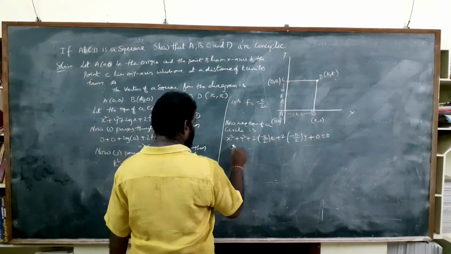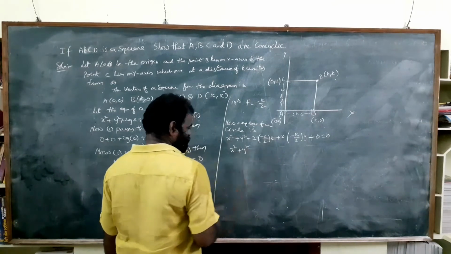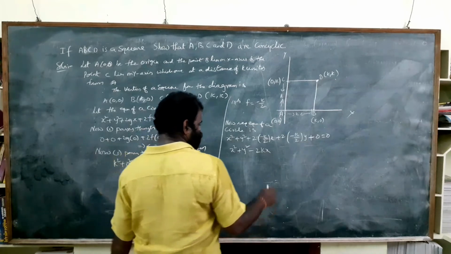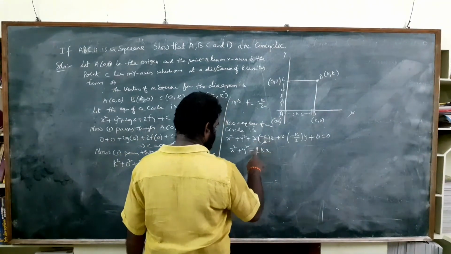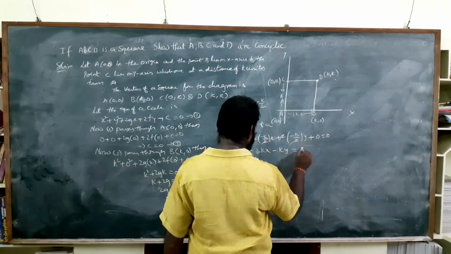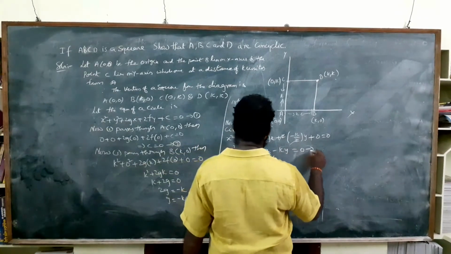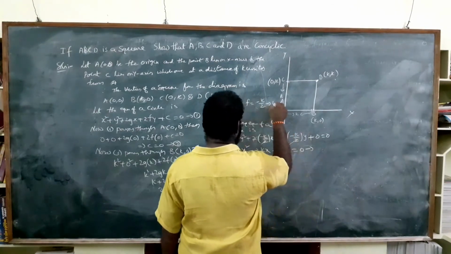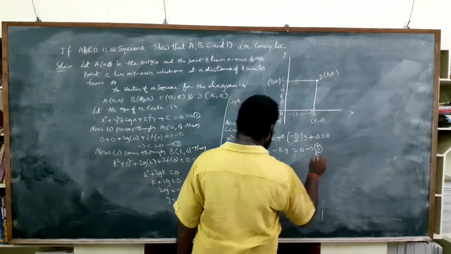So this equation becomes x square plus y square minus 2kx. Sorry, this 2 cancels, so minus kx, and this 2 cancels, minus ky equal to 0. This is the fourth and this is the fifth equation.